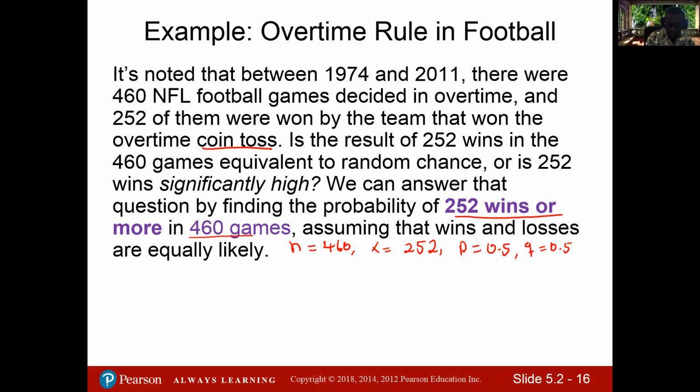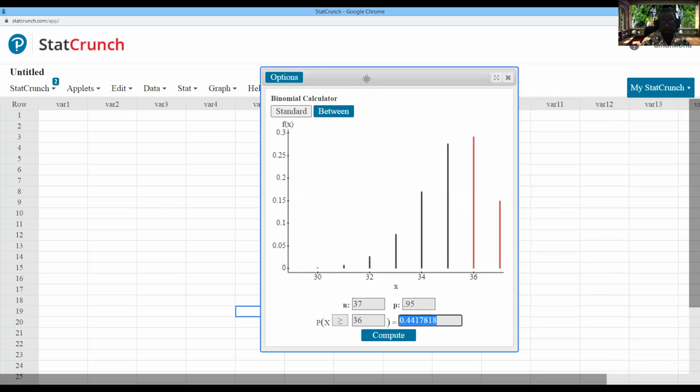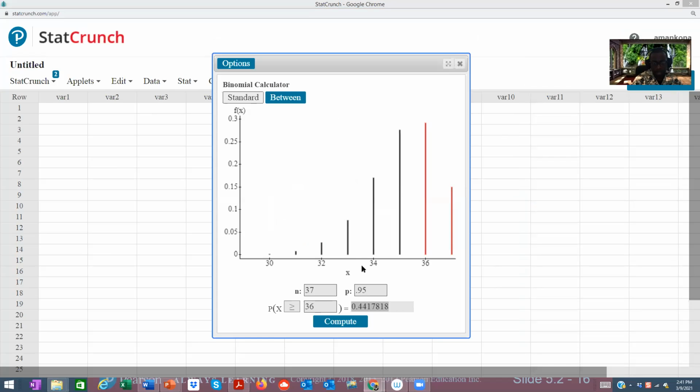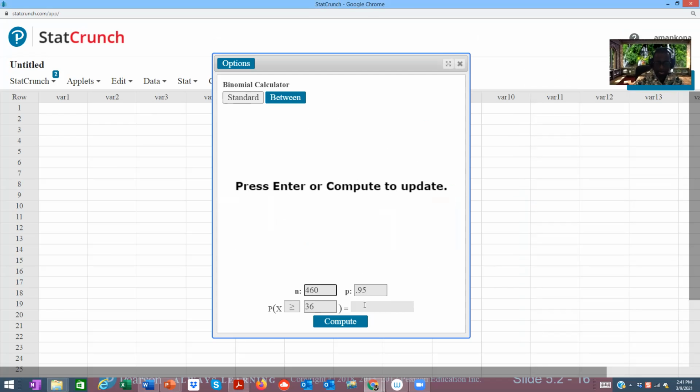Okay. So we can use StatCrunch to calculate this probability, which I can show you in StatCrunch in a minute. Let's go there. Okay, we have to put these values there. Making sure that you are seeing my StatCrunch. All right, what is my N? N is 460. Probability of success is 0.5. And then we want 252 or more.